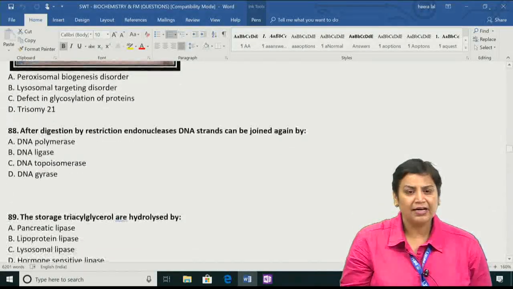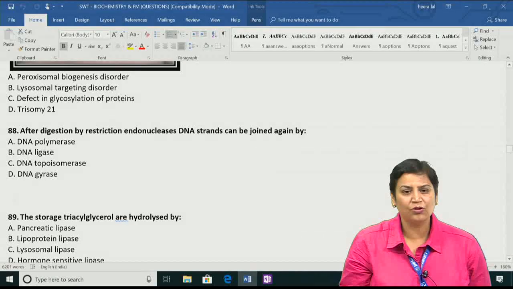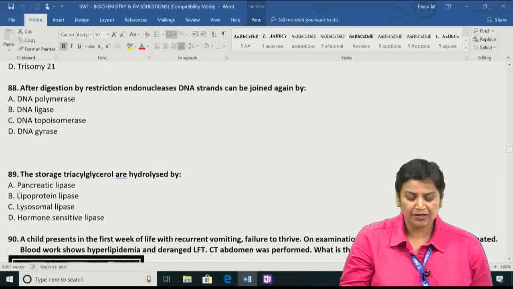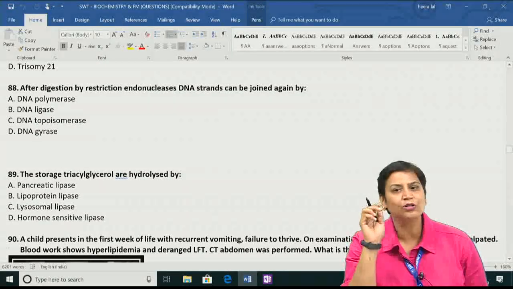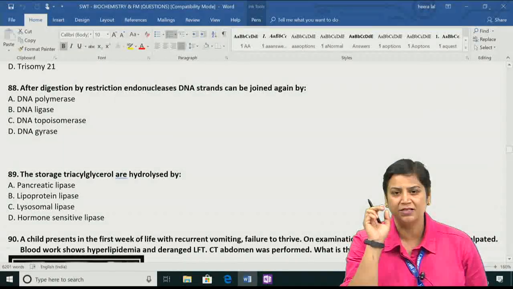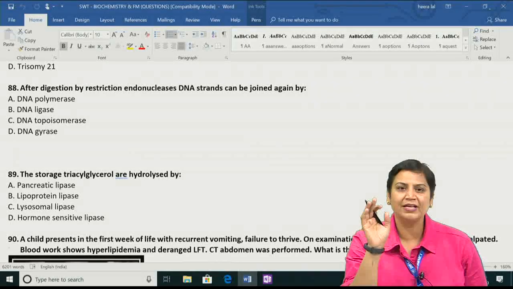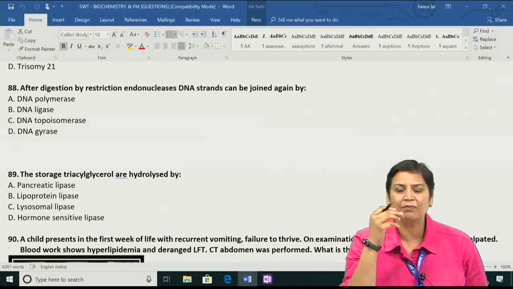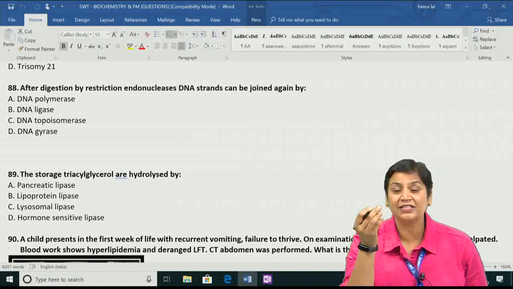Then question number 88, after digestion by restriction endonuclease, DNA strands can be joined again by. Now see, restriction endonucleases are also known as the molecular scissors of recombinant DNA technology. They always cut at specific sites, like EcoR1, BamH1, HindIII.